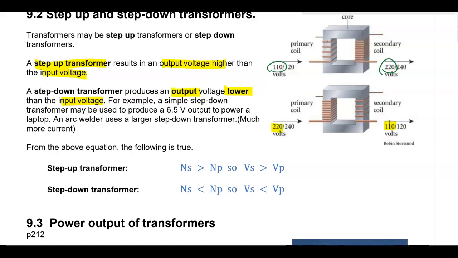The little black boxes on your computer charger are step down transformers. The input is 240 volts. The output is usually about 5 volts. It's USB, it's usually about 5.